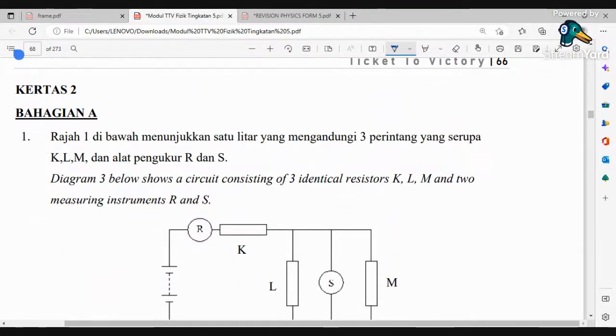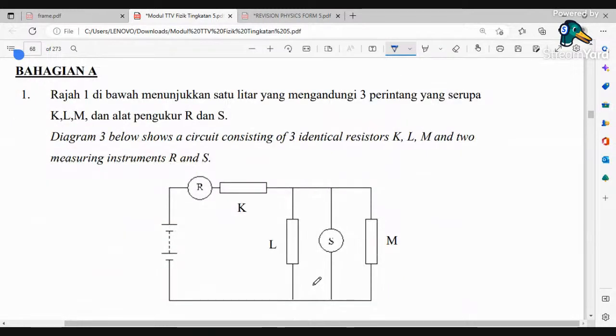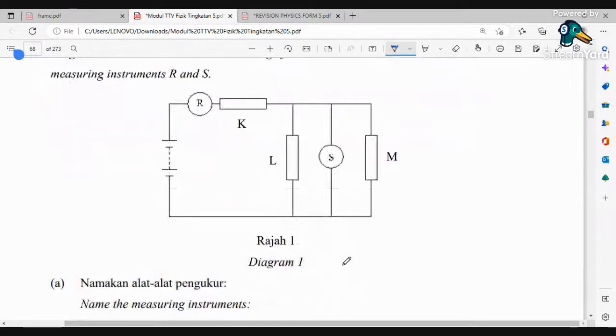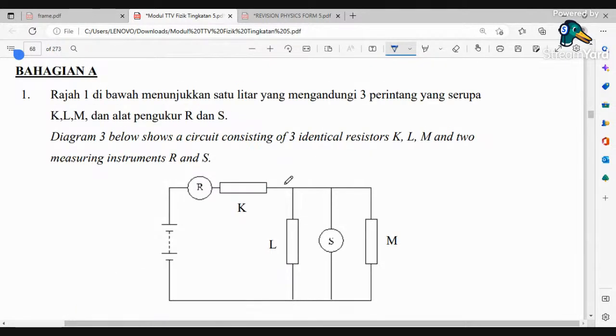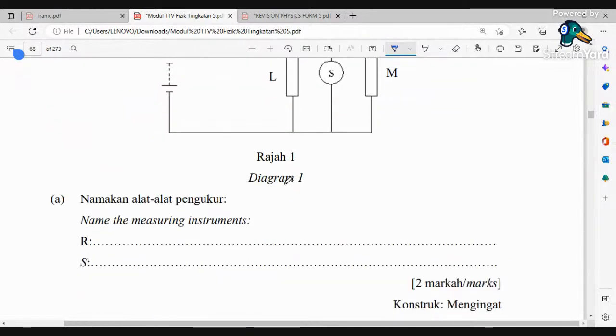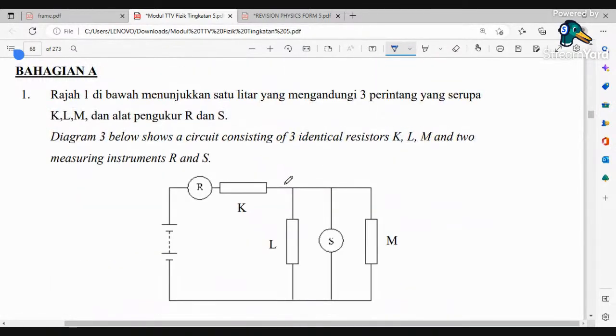Okay, paper 2. Diagram 3 shows a circuit consisting of 3 identical resistors K, L, M and 2 measuring instruments. Kita ada R and S. So the one that is connected in series normally is ammeter.